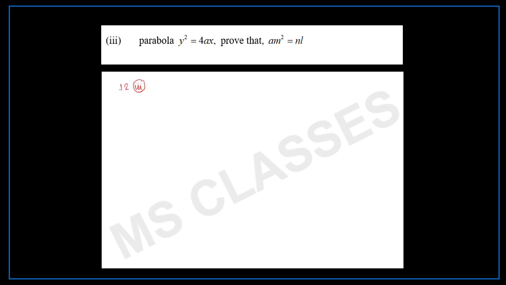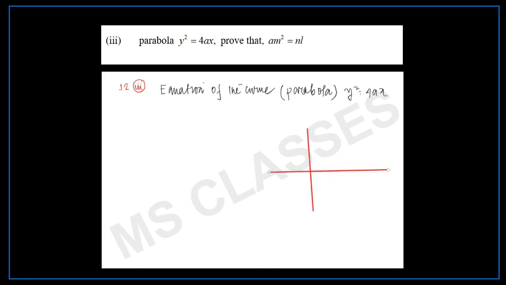The equation of the curve is given as a parabola, y square equal to 4ax, which we represent graphically with axes Y, X, Y prime, X prime and the origin.